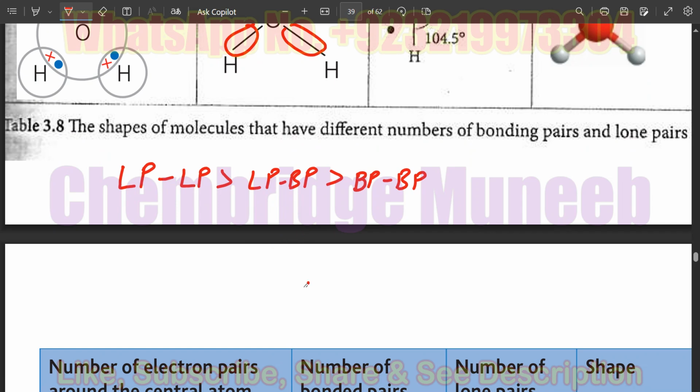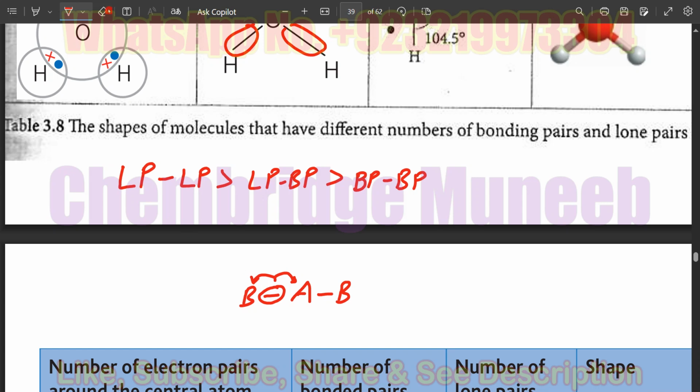Basically, if there is a molecule in which an atom A is bonded with 2 atoms B, then the bonding pair is attracted between the 2 atoms B and A, and the influence of both atoms A and B is on this bonding pair.